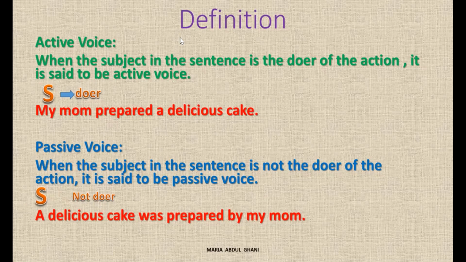So who's going to tell me, using your own words, what is the difference between active and passive voice? Raise your hand. Sadine. When the subject is the doer, then it's active voice. When the subject is not the doer, it will be passive voice.